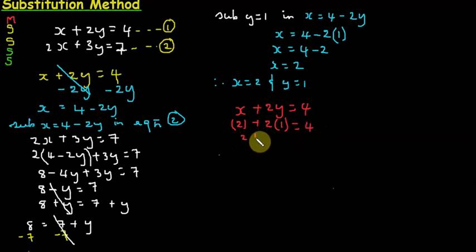So 2 plus 2 multiplied by 1 will give me 2 plus 2, 4 equal to 4. Boom, bang, bing. So we have checked our answer and it is correct. So we can smile ear to ear and move on.